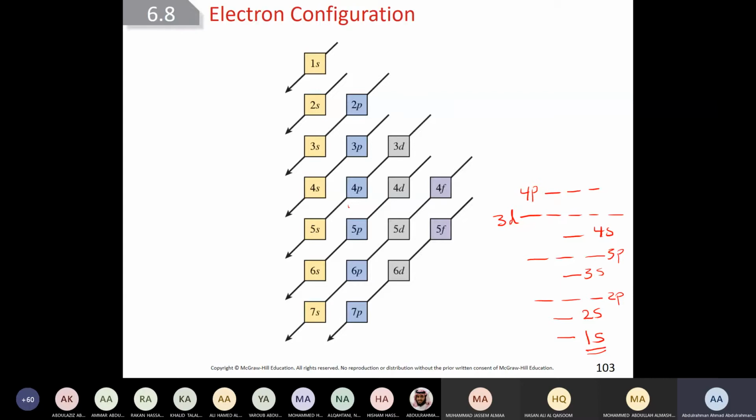All right? Or I can simply write it like a structure, like 1s2, 2s, 2p, 3s, 3p, 4s, 3d, 4p. All of these things are giving the same result. Whenever you look at this one or this one or this one, I can also do it as boxes like this.